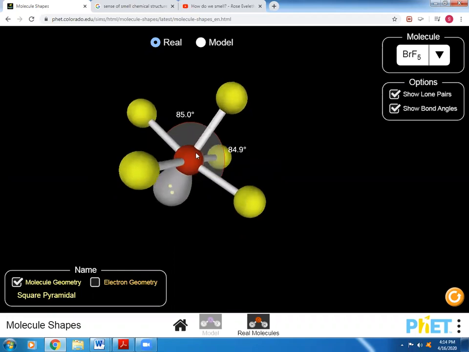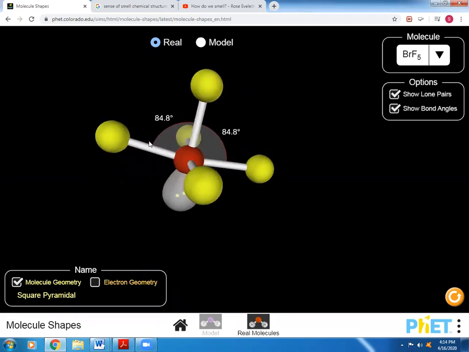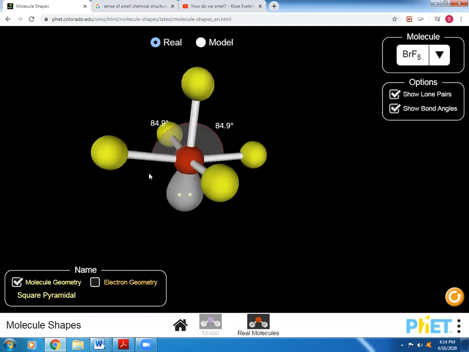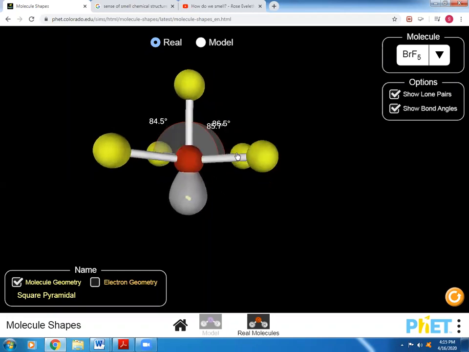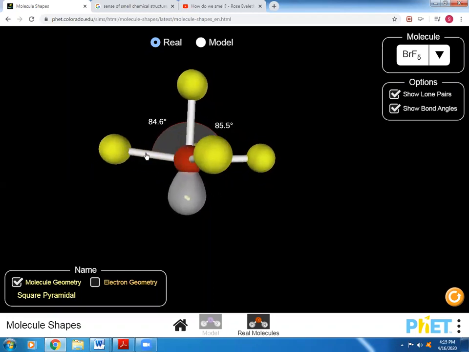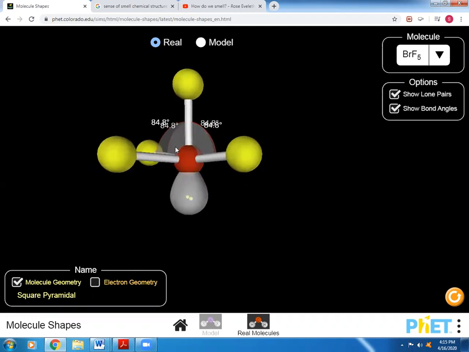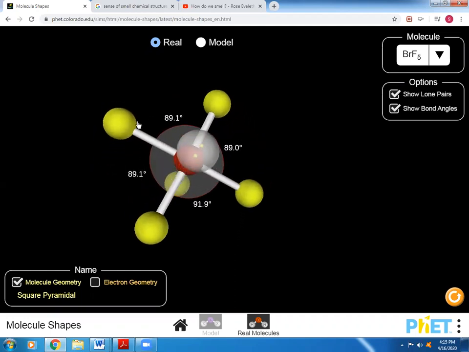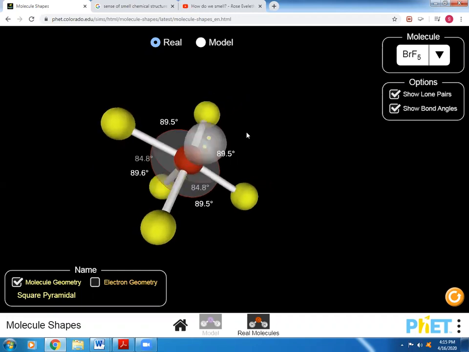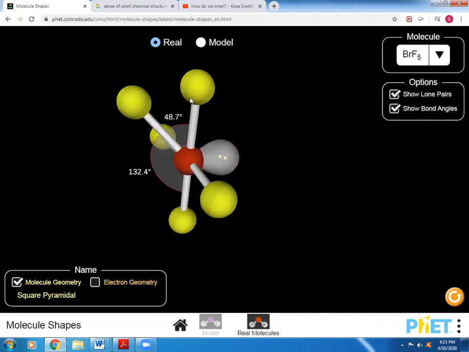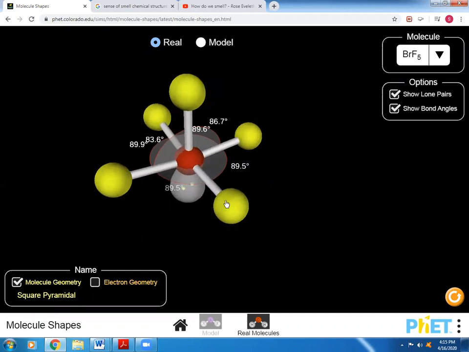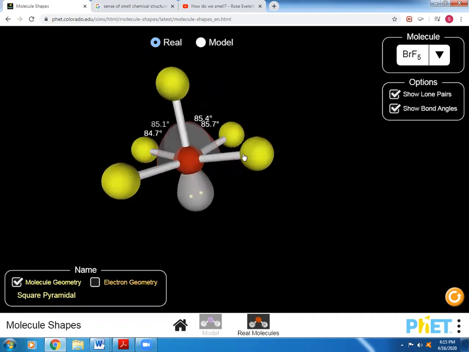My philosophy of learning in chemistry or in science is really similar to other disciplines: you have to understand what the definitions mean. So square means it has a square base. You see the square? And it looks like a pyramid. Here it is.